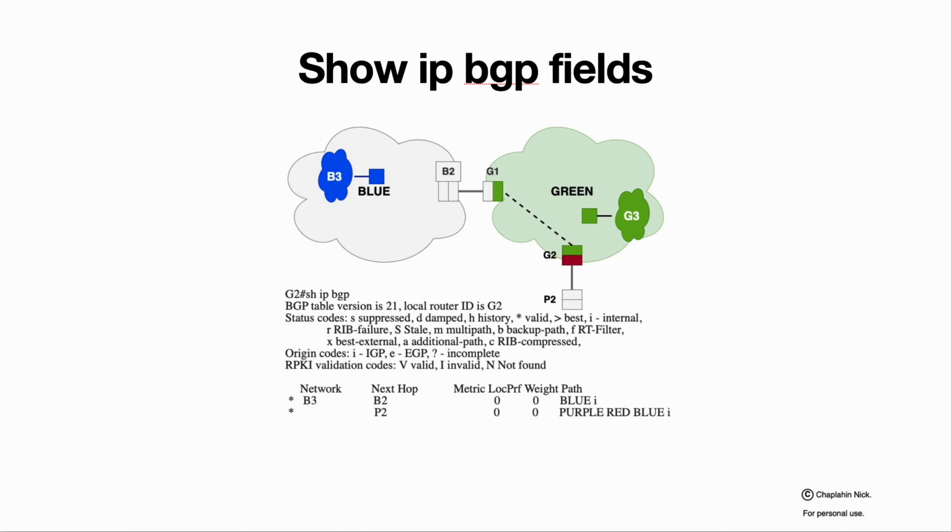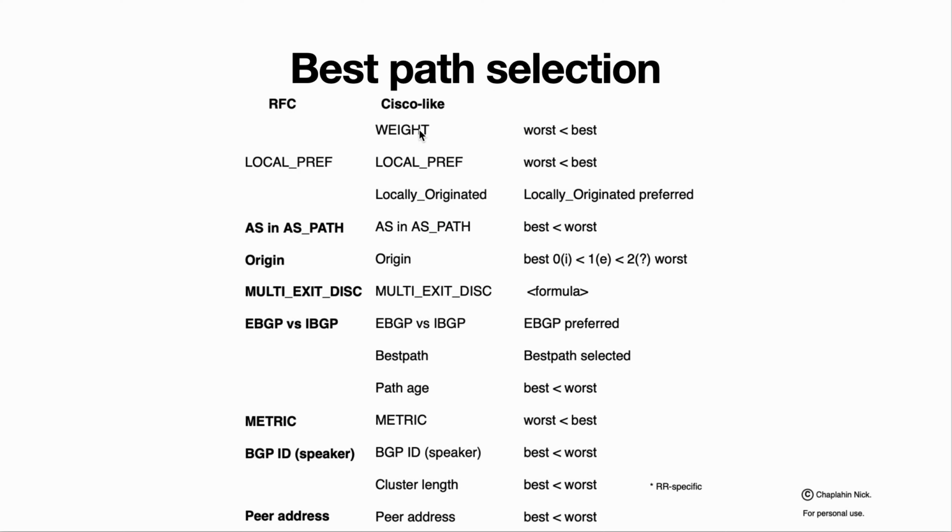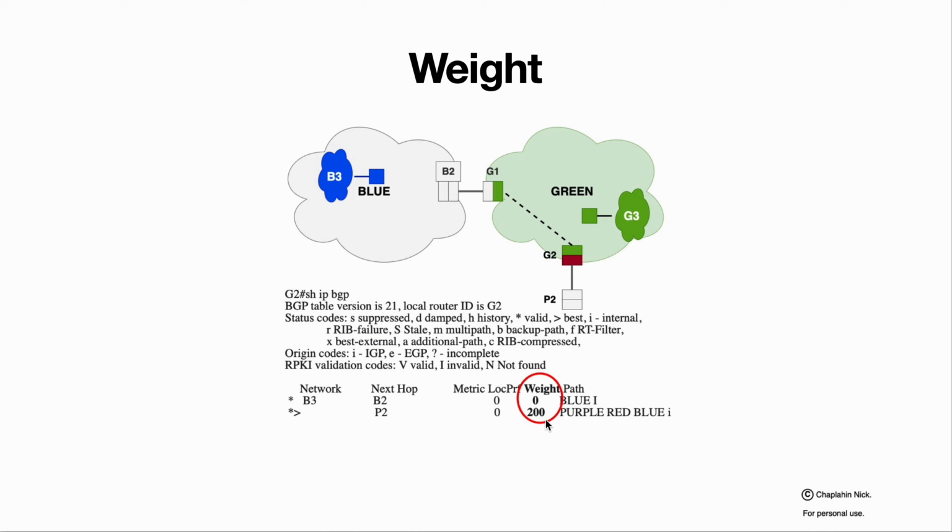If you remember, this is just to remind you, and if you don't, this is for your information: the show IP BGP command contains information on how to read the table, and an example table, right? So in Cisco, weight. Yes, we have weight here. Weight is not only Cisco specific, but also Cisco proprietary.